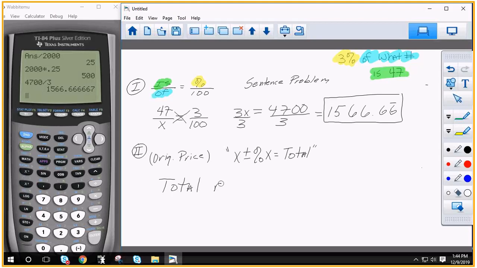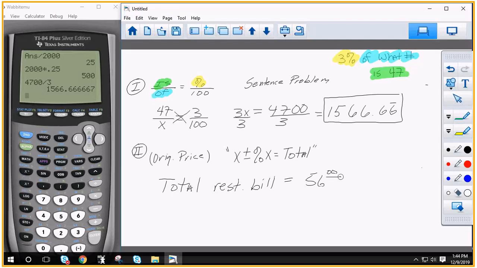Total restaurant bill is equal to $56. Now, the reason I say 56 is because if I said 156, some people would have a heart attack. And I don't want to say 6 because then you're eating at McDonald's. So that's why I put 56 because it's kind of in the middle.